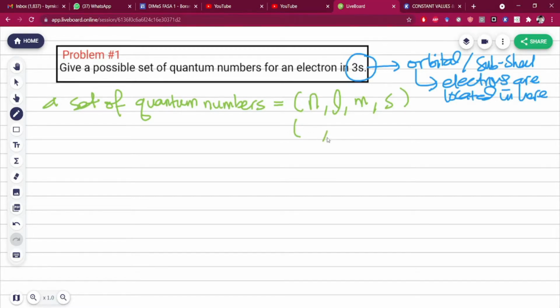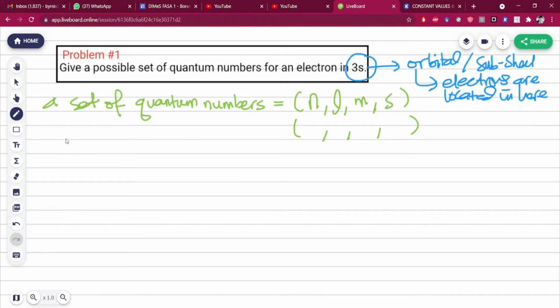And underneath here, you can have the numbers. So that will be the identity or the location, if you will, for a lack of better term, for the electrons inside the subshells or orbital.